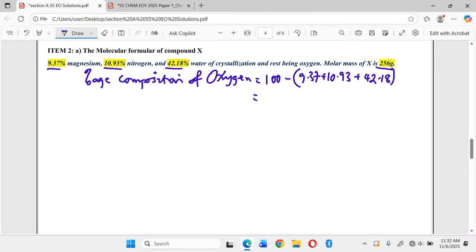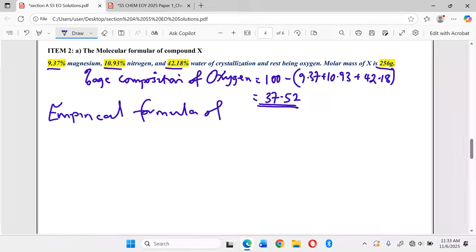What is the answer? So the answer for that will become 37.52. So that becomes our percentage composition of oxygen. So before we look for the molecular formula, we need to first get the empirical formula. Empirical formula of X.